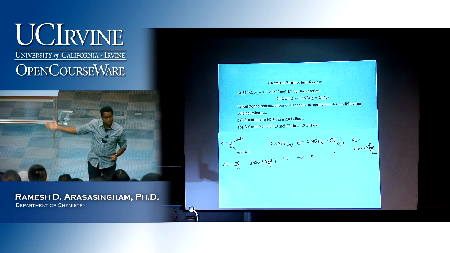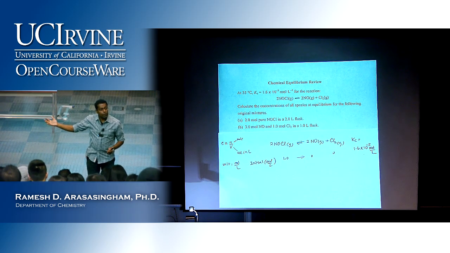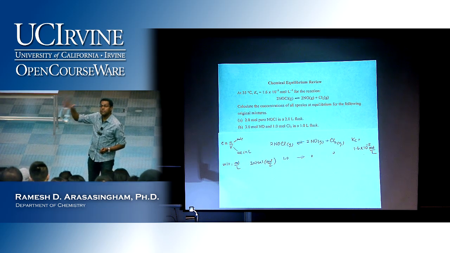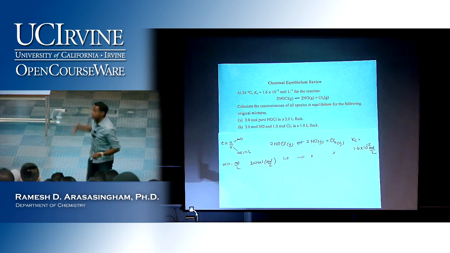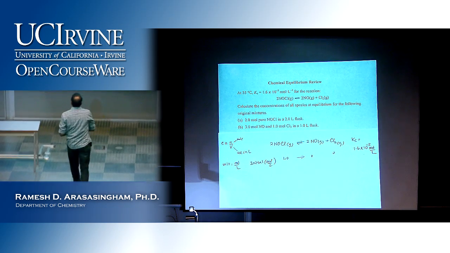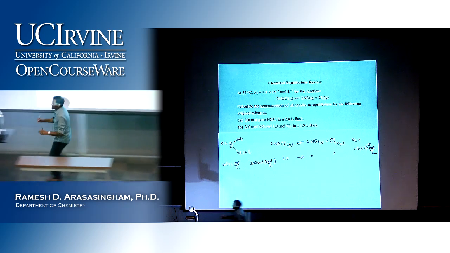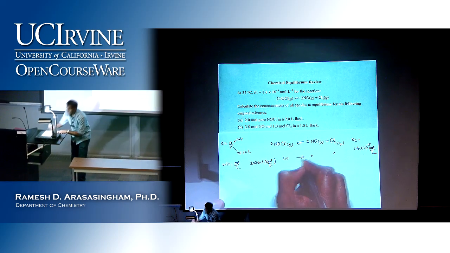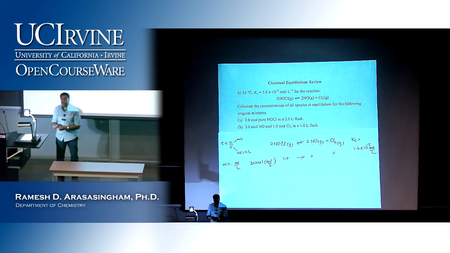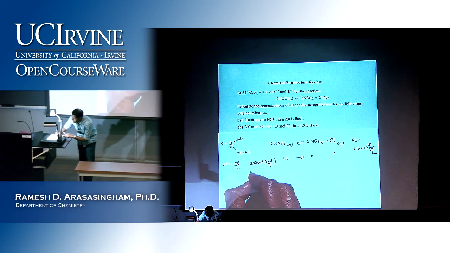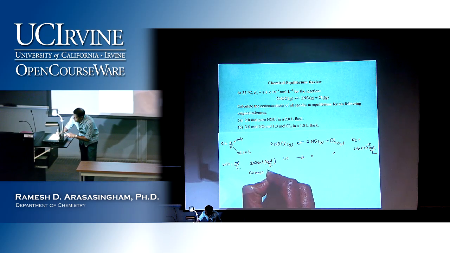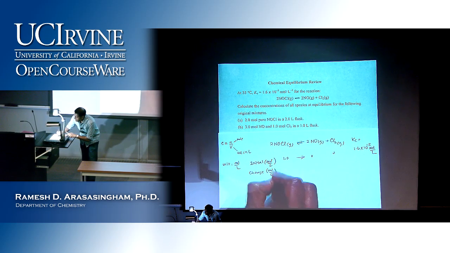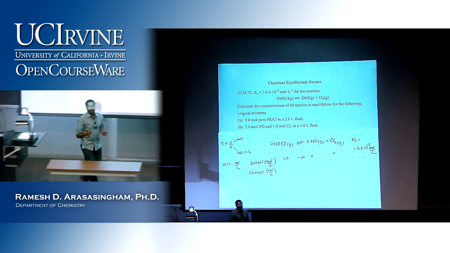And that means it has to go towards products as well. So if you're given the amounts of reactants and products, then you calculate Q, and you have to figure out which direction the reaction will proceed. In this case, it's going to proceed in the forward direction. All right? And so if it's proceeding in the forward direction, then let's say X is the amount that's used up.